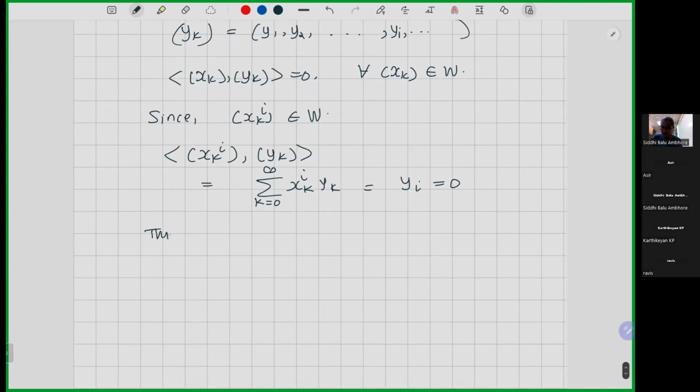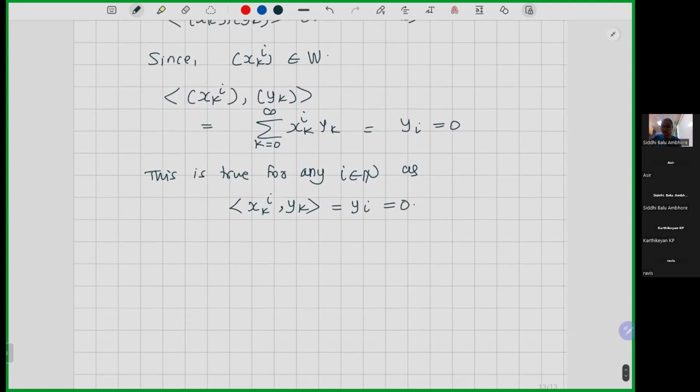And this is true for any i in N. The inner product of x_k^i and y_k is y_i, and this is 0. So this implies that all these y_i are 0 for all i in N. So this implies this y_k which we started with is actually 0.